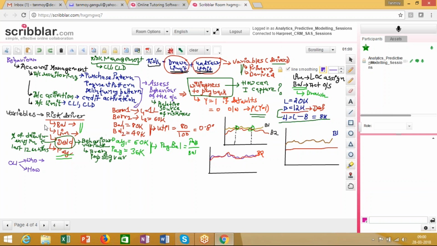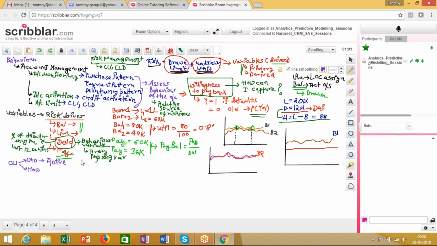Basically, before going for the less risky or more risky, the first thing I should look into is that I should give the credit limit increase to the borrowers who are active in nature. Because an inactive borrower who has taken the card and never used it is also a less risky borrower because he has not used it.